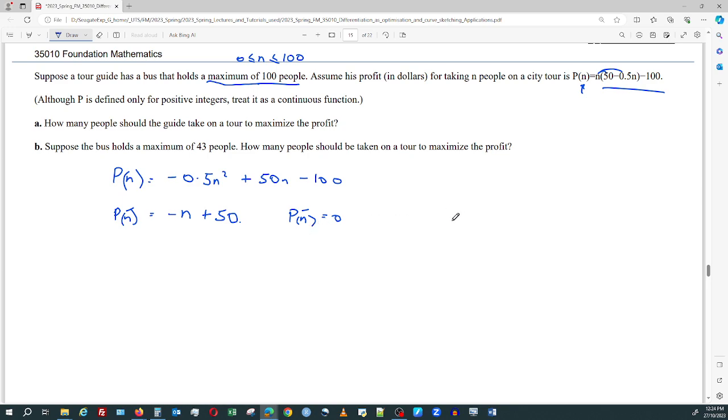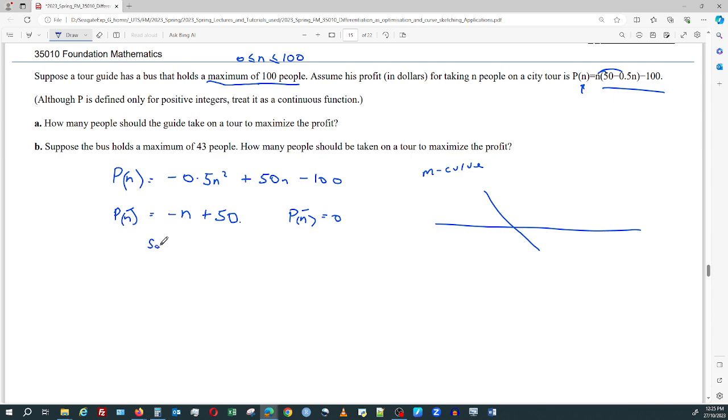So 50 minus n, if we think about the interval idea, we've got an M curve, and effectively a decreasing function, minus n. Now when is this thing 0?